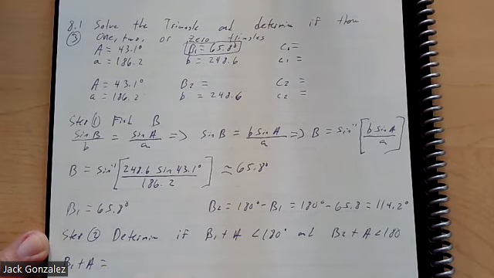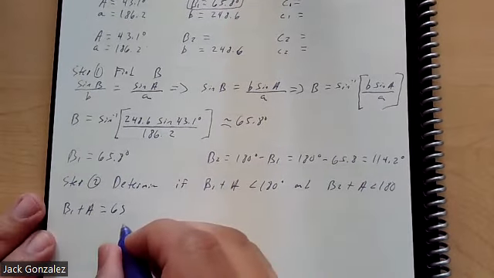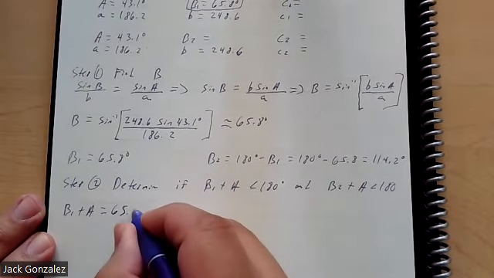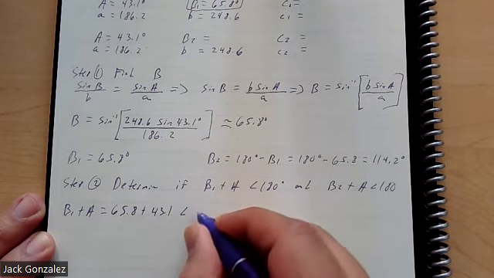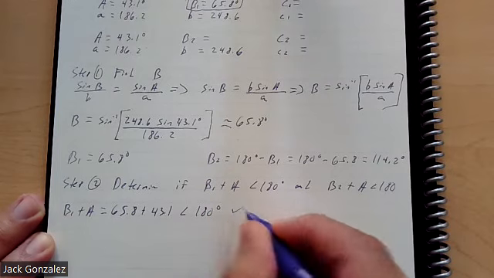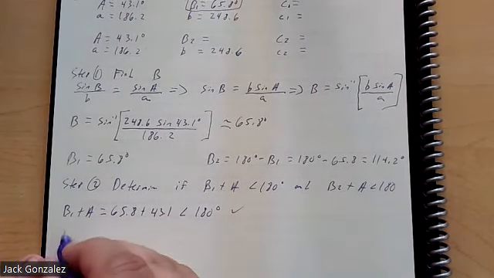B1 plus A is equal to 65.8 plus 43.1. That is indeed less than 180. Now let's check again.